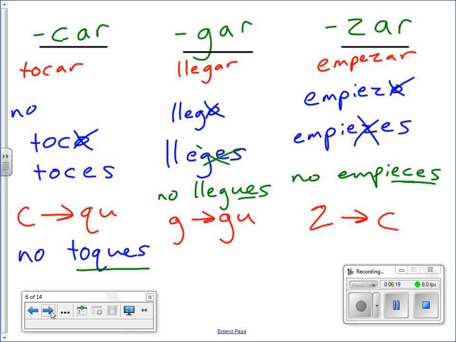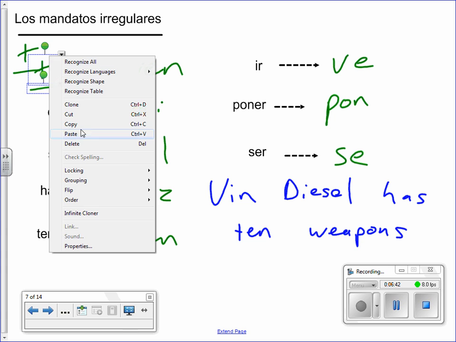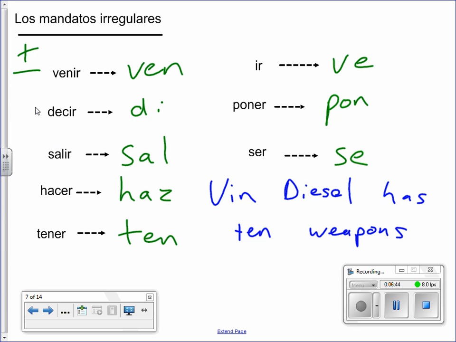Finally, dun dun dun. All right, lo siento, I'm sorry, but there are mandatos irregulares. Hopefully they're a little bit easier to remember than the preterite irregular verbs. These are affirmative commands. We're telling somebody to do this.